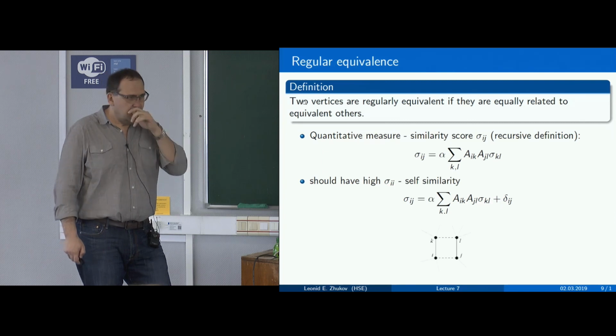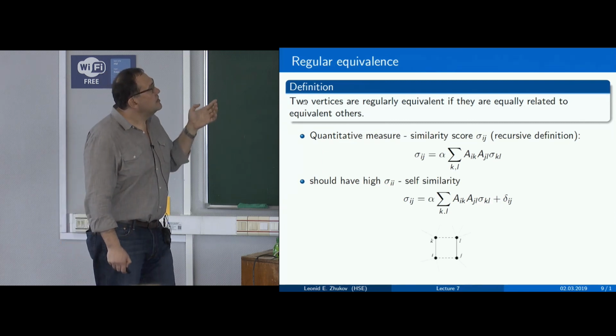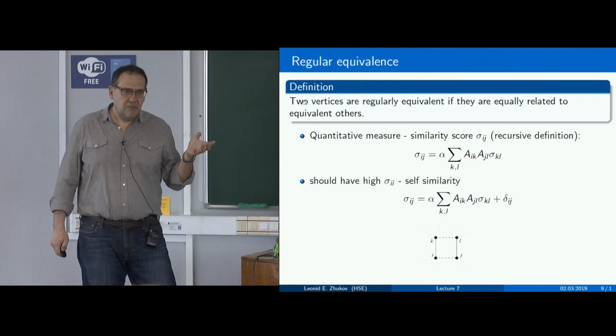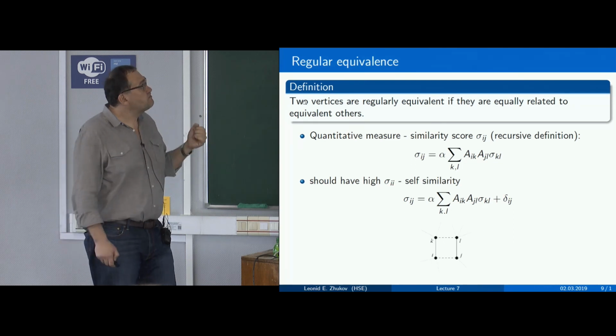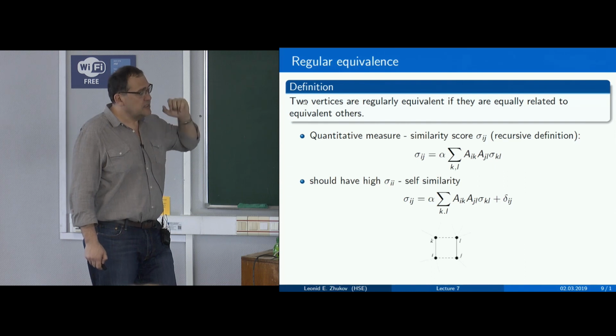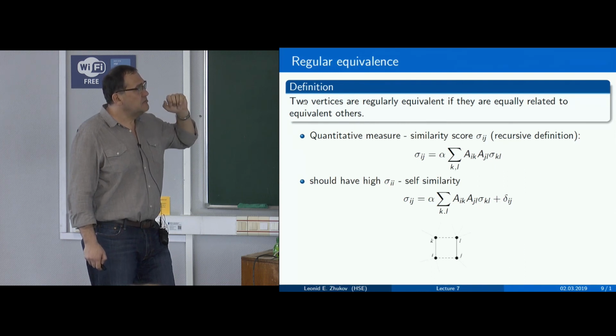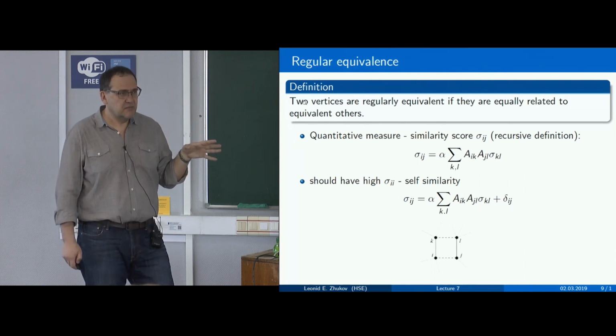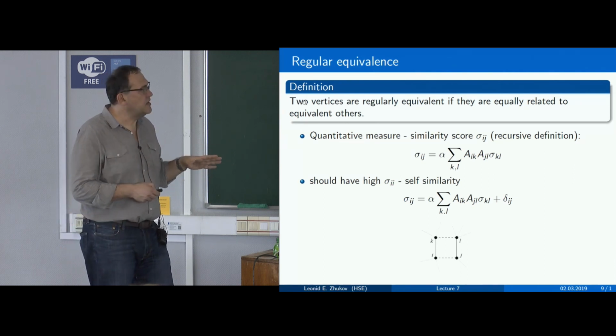So maybe when we talk about equivalence or structural equivalence, and in fact, what we're going to talk about is called regular equivalence. We need to take into account all the nodes in the graph and all the connectivity patterns in the graph.